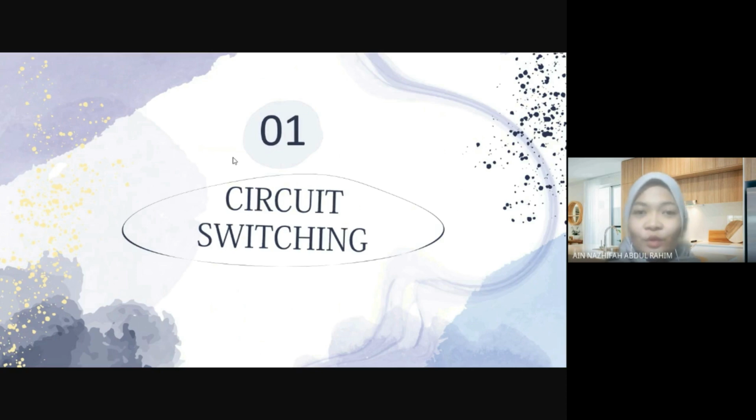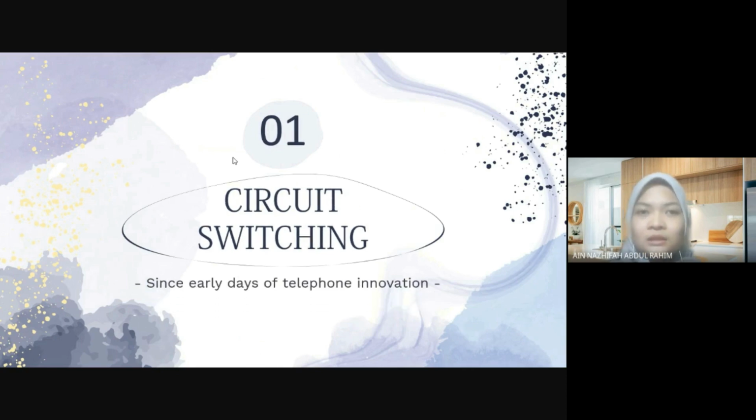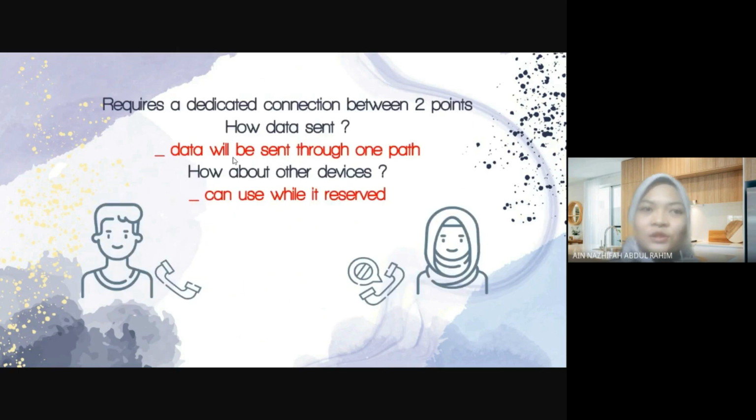So what is circuit switching? Circuit switching is a method that requires a dedicated connection between two points. For example, this happens when we are calling someone using a landline telephone. During that time, the data will be sent through one path only. For example, you want to call me using the landline telephone.